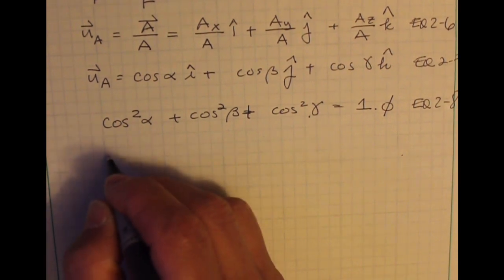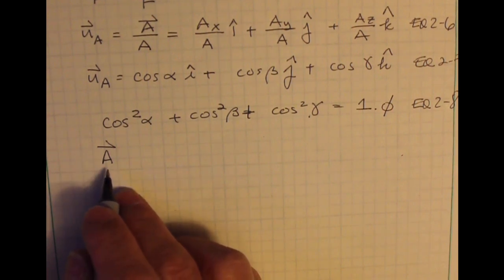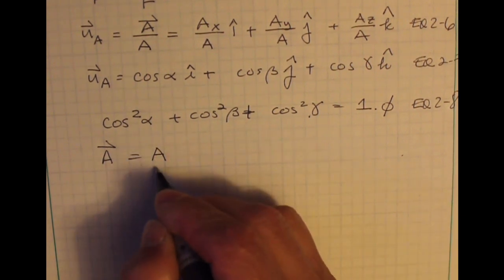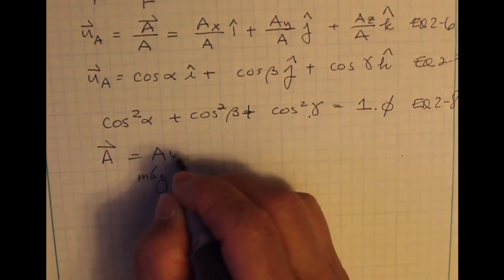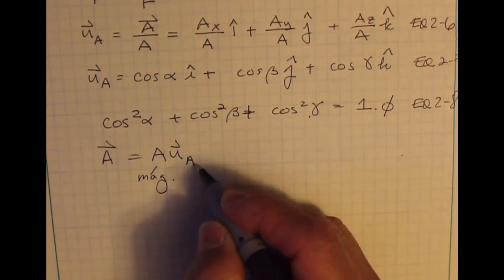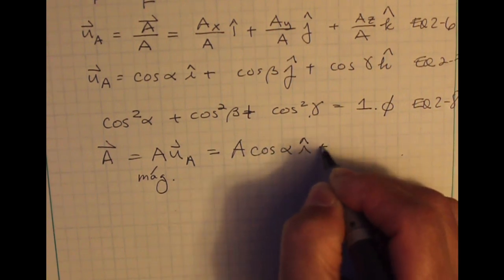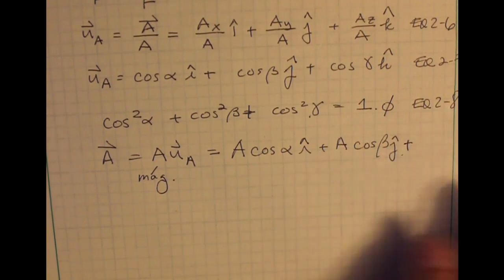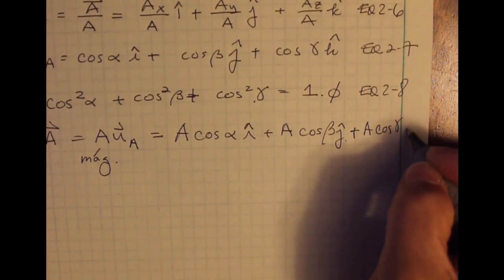We can express a force vector in terms of the unit vector. So we can take the magnitude of the force vector A, multiplied by the unit vector along that force A, and that would give us A cosine alpha i plus A cosine beta j plus A cosine gamma k.